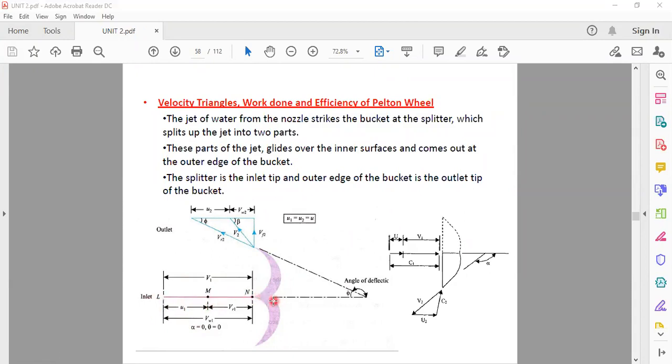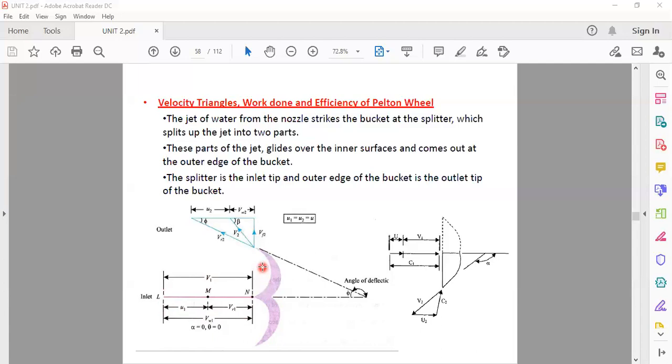Again, this is your Lm is U1 velocity and Mn is Vr1 velocity, and the total is V1, that is called jet velocity at inlet.